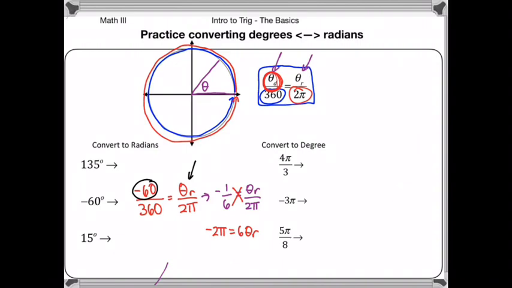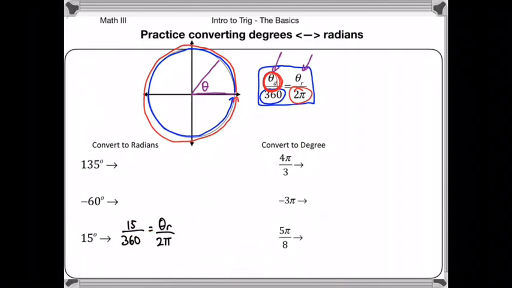I divide by 6 on each side. Those go out, and I get a negative 2 over 6, that's going to give me a negative 1 pi over 3 radians, okay? And we don't need the negative 1 there. I just put that there to show the cancellation, so it's actually going to be a negative pi over 3 radians, okay? So that's how you do that one.